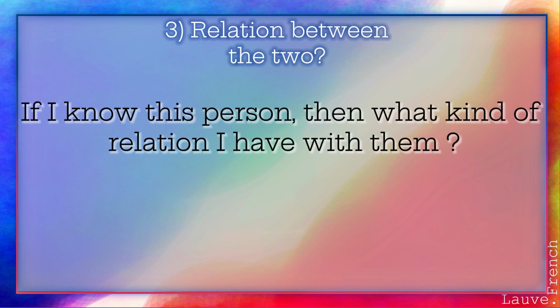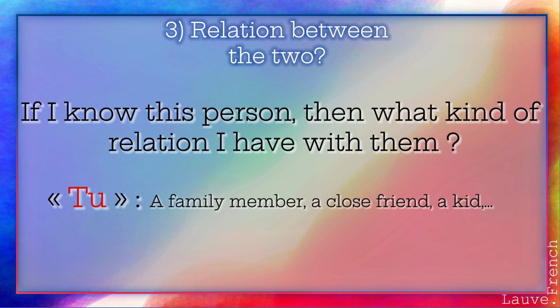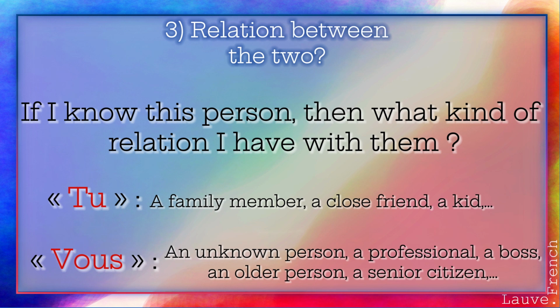If I know this person, then what kind of relation do I have with them? If you use tu, it means that you talk to a family member, a close friend, a kid, or someone you're close to. If you use vous, then it means that you talk to an unknown person, a professional, doctor, etc., a boss, an older person, or a senior citizen.